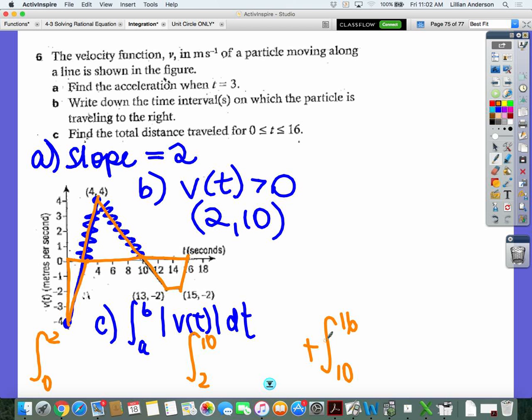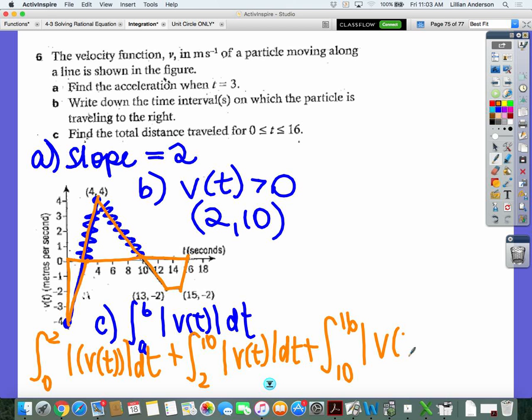You basically have to do 3 different areas. So you guys go ahead and do that. Find the area of each one of these. Take the absolute value of each one and add them together.